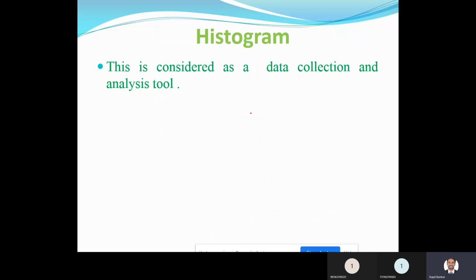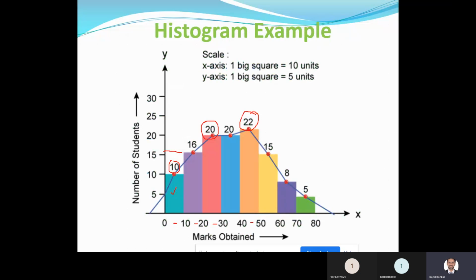Then the second piece of information: how much variation is there? From the most frequent marks, 22 students got marks of 40 to 50. And how many students got very low marks, 0 to 10? Sorry, 10 students.